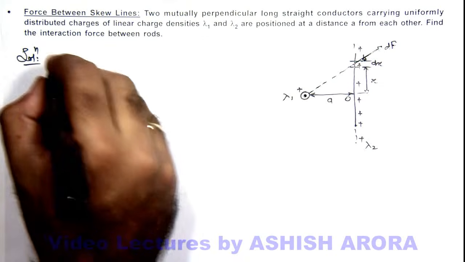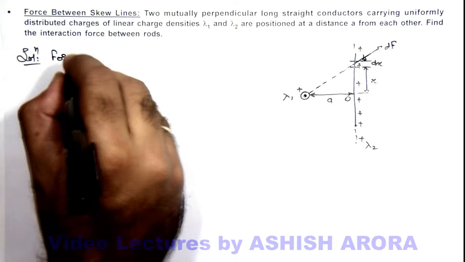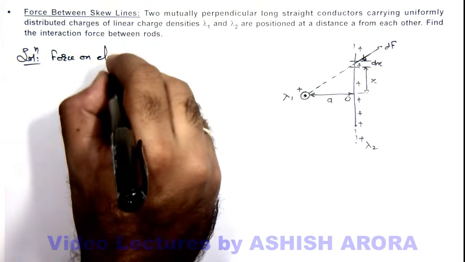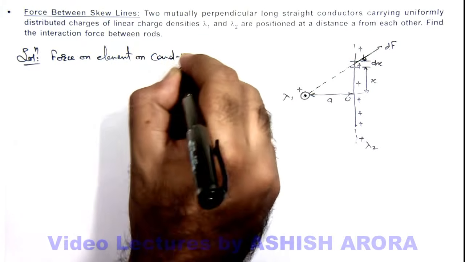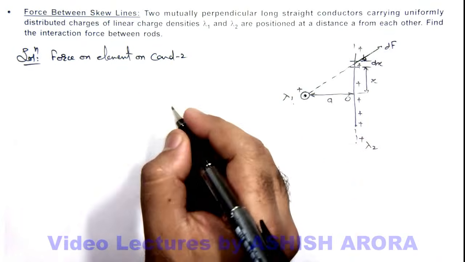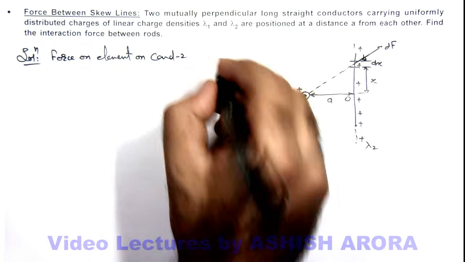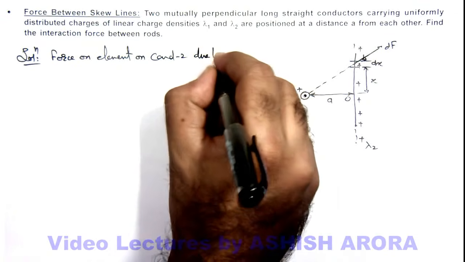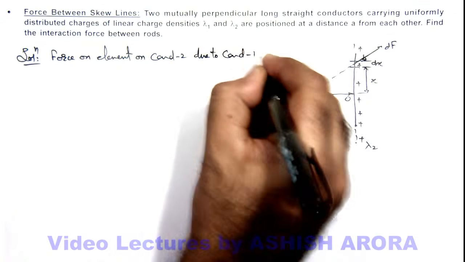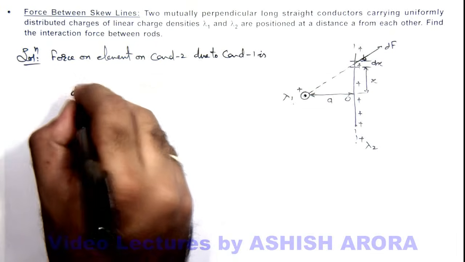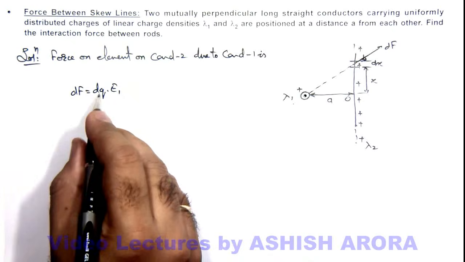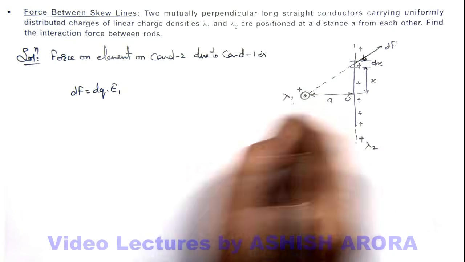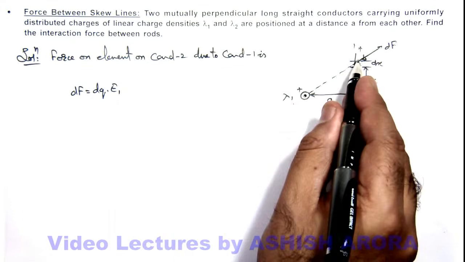So, if I calculate the force on an element on conductor 2 due to conductor 1, where this is conductor 1 and this is 2, this force dF we can write as dq multiplied by E1, where dq is the charge on this element and E1 is the electric field due to this conductor at this point.